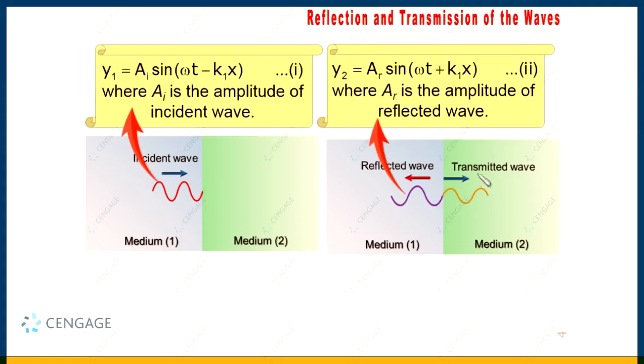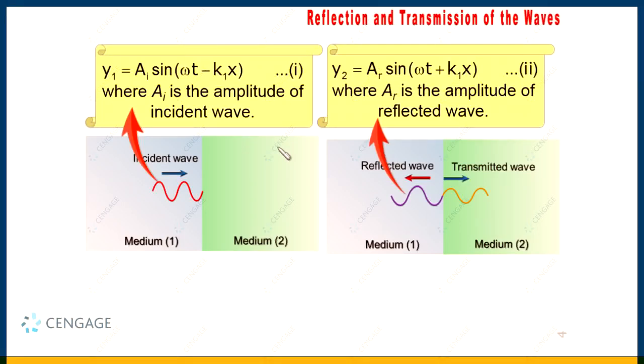Now, let us consider the transmitted wave. The transmitted wave is travelling in medium 2, in the positive x direction. That means there will be no change of sign between ωt and kx, but here the k term will change. Why? Because it is another medium, so the velocity of the wave will be different. That is why the value of k will change, right. You know, k is the wave number, defined as ω divided by v.